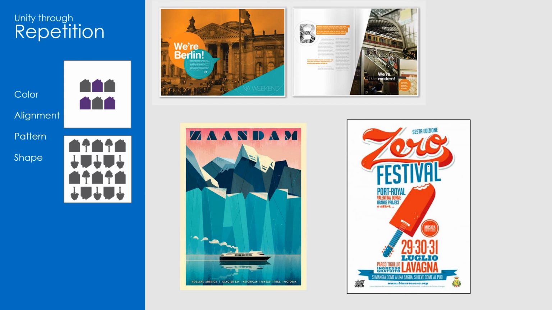And then this probably doesn't really count for unity through repetition, but definitely the fact that all of this visual information is contained within the center of the poster, I think really also helps give it a sense of order and balance to make the poster work, even though it has a lot of different elements at play.